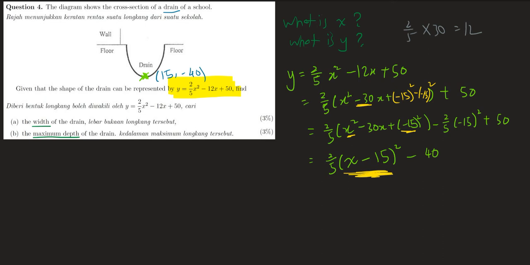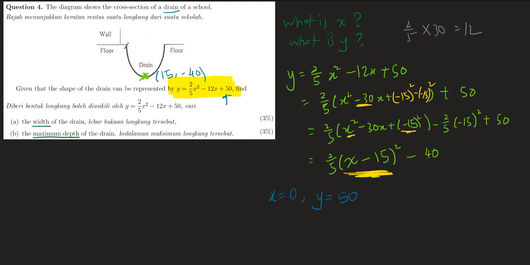Alright, so after finding out the minimum point, let's see what else we can get. Another piece of information that I know is when x is equal to 0, y is equal to 50. I just substitute inside here. x is 0, y is equal to this constant term. So here I can think, where is 0, 50?